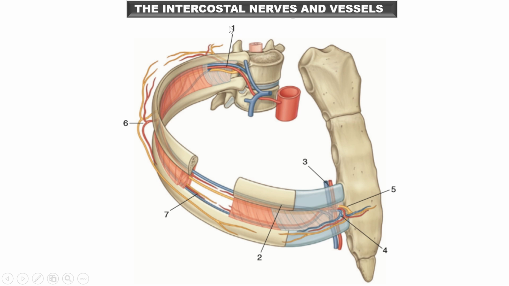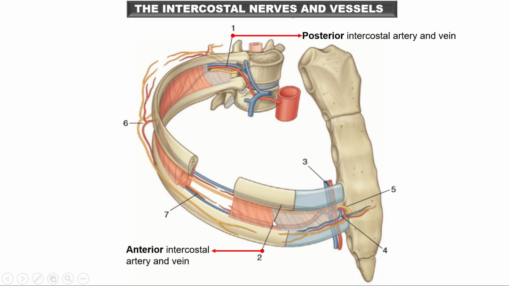So in figure 1 here, this is the posterior intercostal artery together with its vein on the superior part. This blue is the vein and this one below is the artery, and these are posterior intercostal arteries and veins because they are running on the posterior chest wall. And then anteriorly, we have the anterior intercostal artery and vein, which are running on the anterior chest wall.